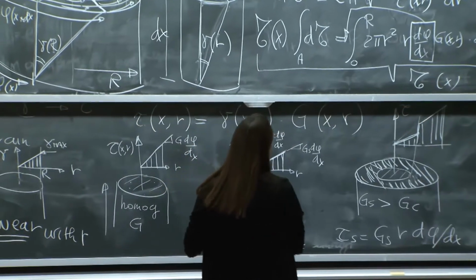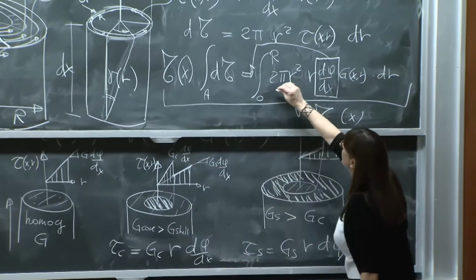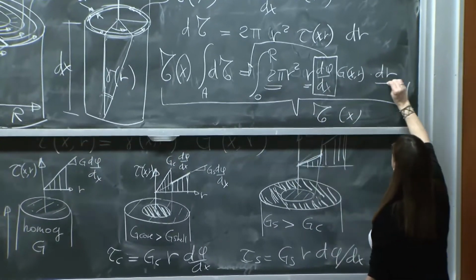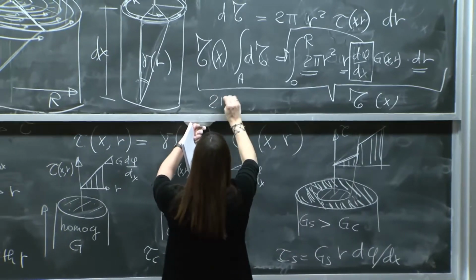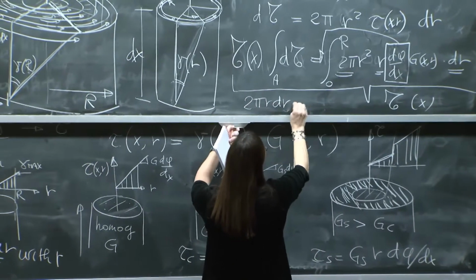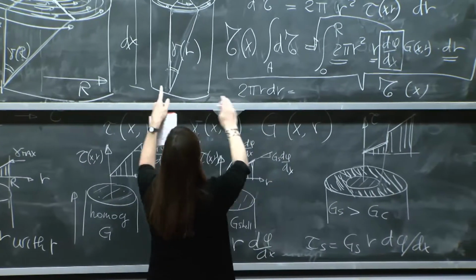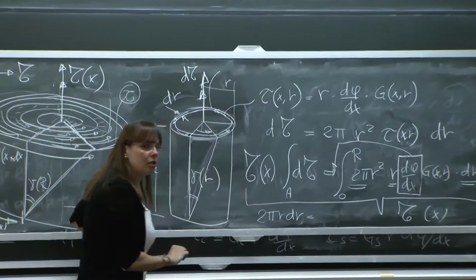It helps us immensely because look at this thing. If I take 2π times r times dr, what is 2π r dr? If I take this thing, what is the cross-sectional area of this ring?